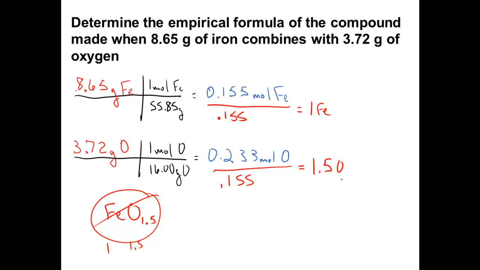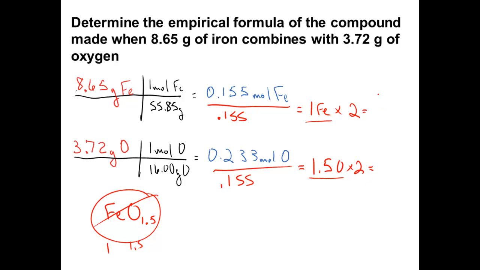If we have a ratio of 1 to 1.5, we need to find a small whole number that we can multiply both of these by, so we'll keep the same proportion. So let's try to multiply both of these by 2. If we multiply both of these by 2, we're keeping the same proportion, but now we'll have a whole number ratio.